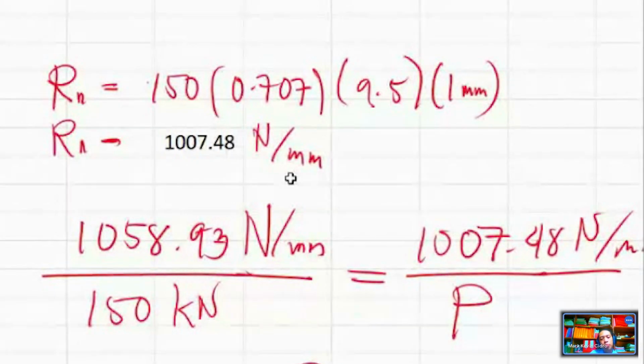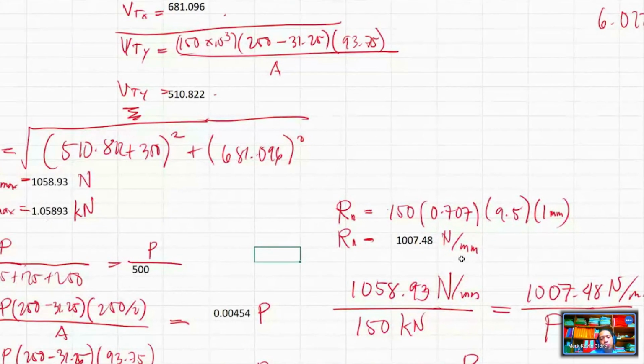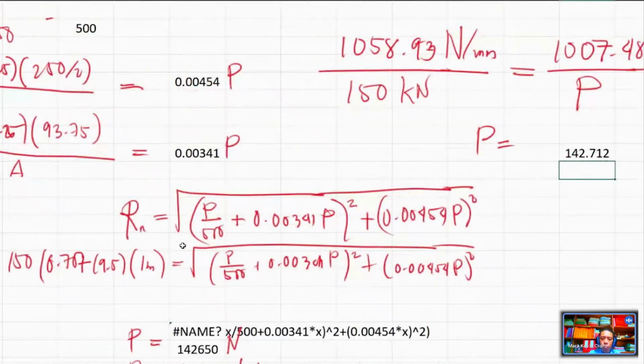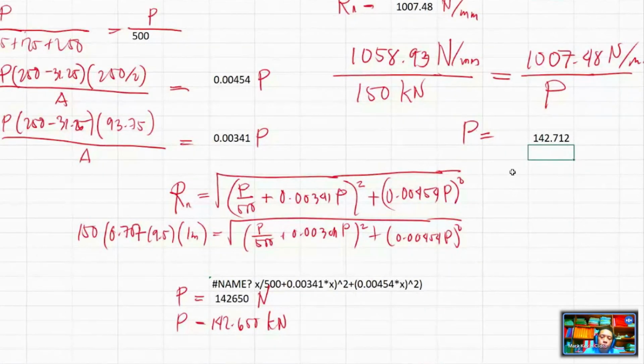The value of your R max is equal to 1058.93, if your P is equal to 150 kilonewton. Now, what is the value of your force P in kilonewton if your R max is equal to the Rn, which is 1007.48 Newton per mm? This is equal to 142.712. So pwede gihapon ratio and proportion yung gamitin.